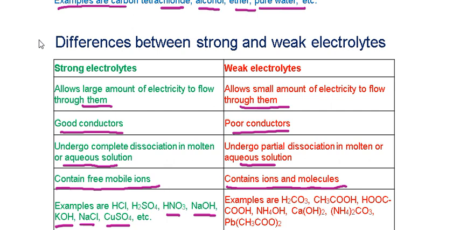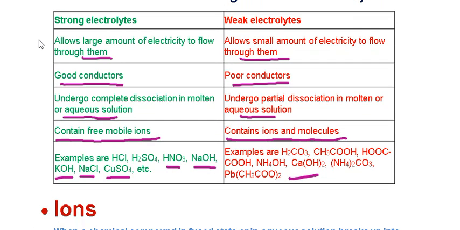Examples of the weak electrolytes are H2CO3, CH3COOH, HOOC-COOH, NH4OH, calcium hydroxide, NH4CO3, Pb(CH3COO)2. These are the examples of weak electrolytes.